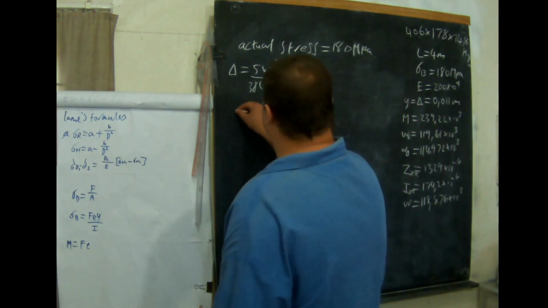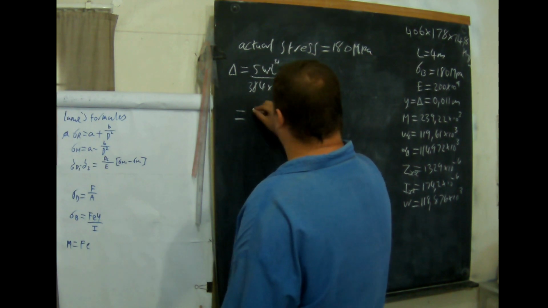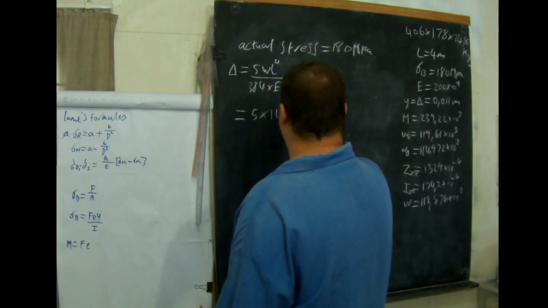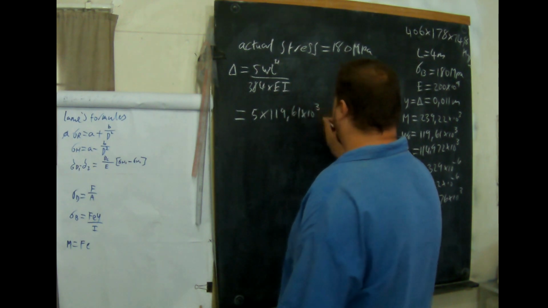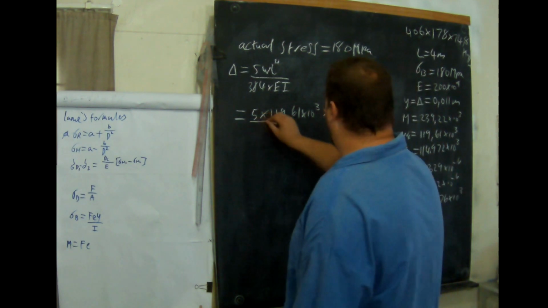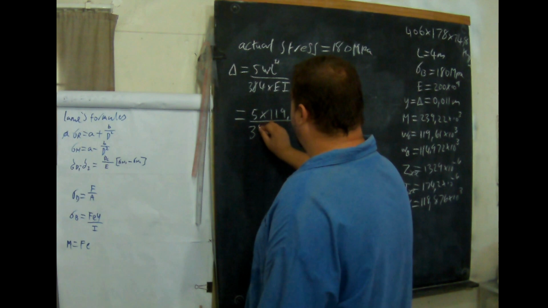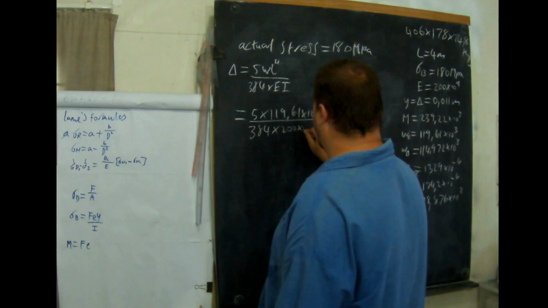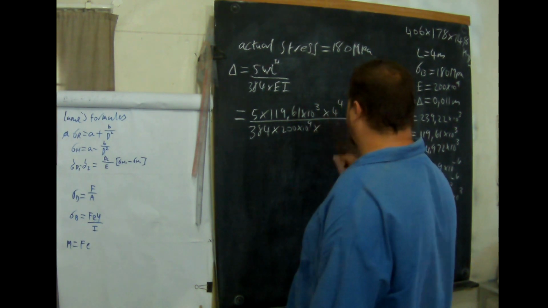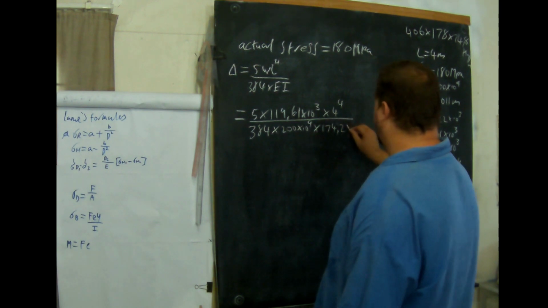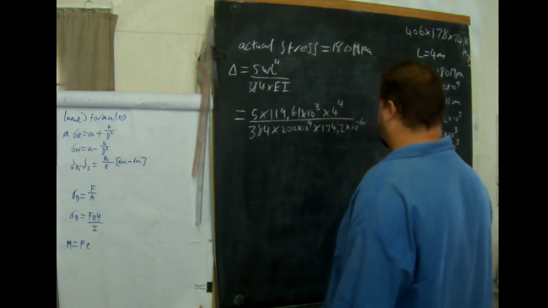So, next point is we'll go 5 times 119,61 times 10 to the 3 times 4 to the power 4 all over 384 times 200 times 10 to the 9 times I, which is 174,2 times 10 to the minus 6.